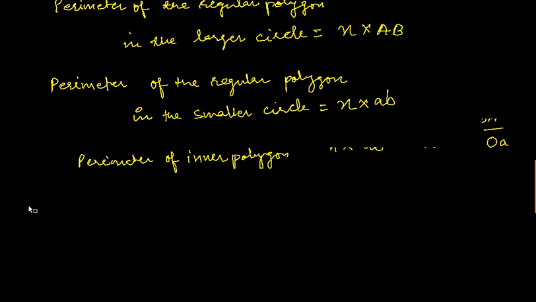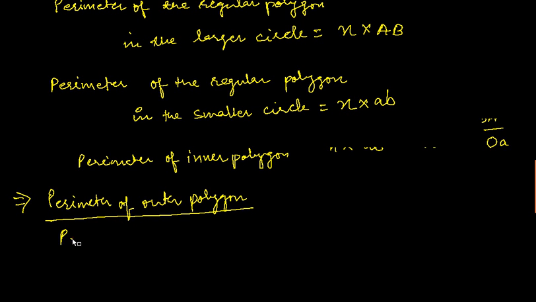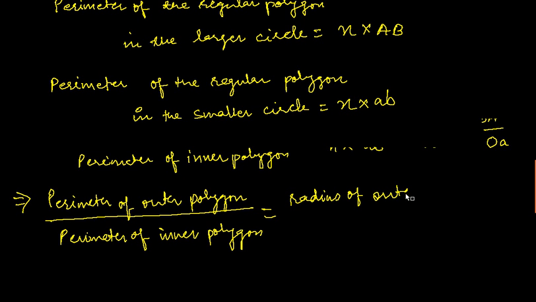So it means that the perimeter of the outer polygon divided by the perimeter of the inner polygon is equal to the radius of the outer circle, OA is the radius of the outer circle, upon the radius of the inner circle.